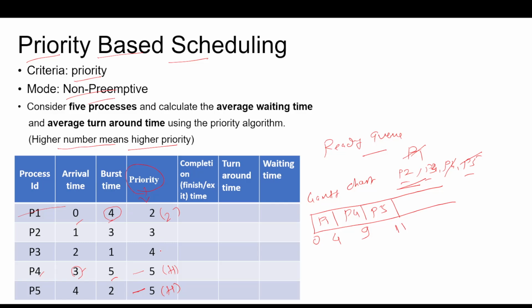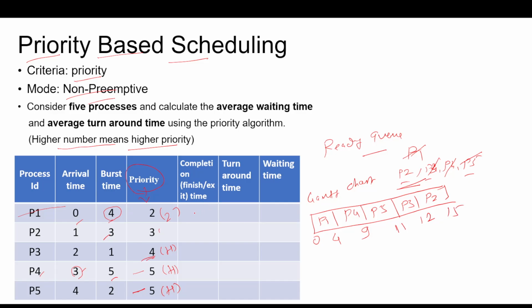Which process has the higher priority between P2 and P3? You can see 3 and 4, so P3 has the higher priority now. P3 will be executed for 1 unit because its burst timing is only 1, so 11 plus 1 is 12. P3 is also done. Only the last process, P2, is remaining. It will be executed for 3 units, so 12 plus 3 is 15.